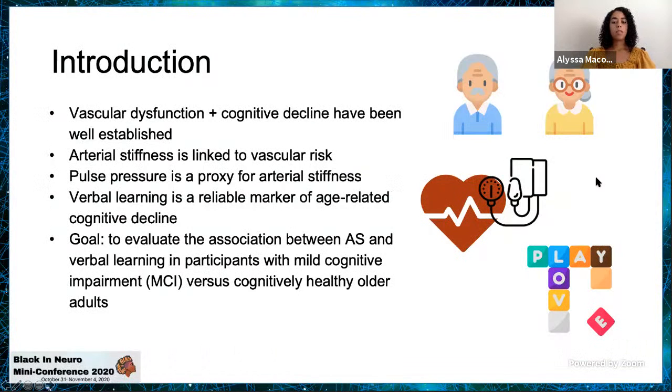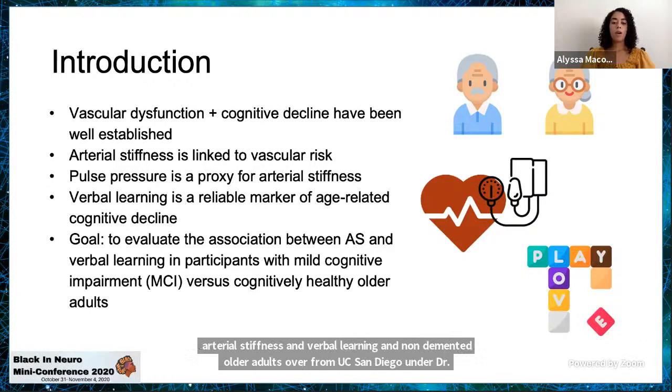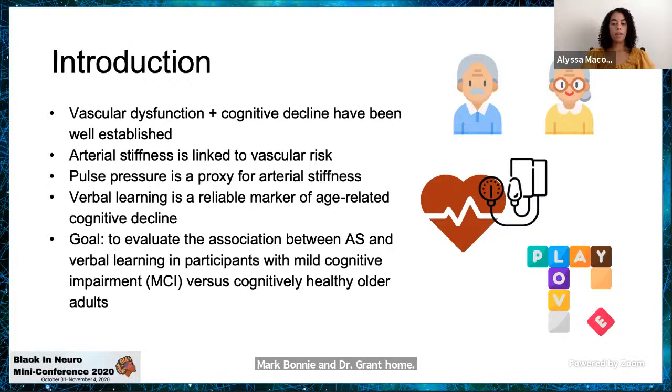Okay, so the relationship between vascular risk and cognition has been well established, and there is substantial evidence for a link between vascular burden and the development of dementia. And so elevated arterial stiffness, which is increased systolic blood pressure and pulse pressure, is a result of structural and functional changes of the vessel wall that occurs with aging.